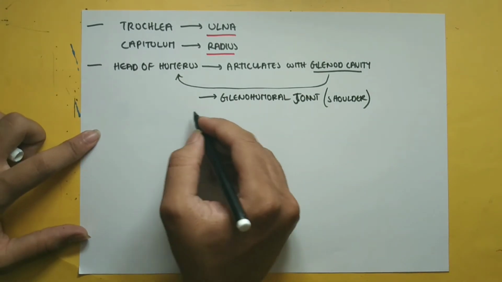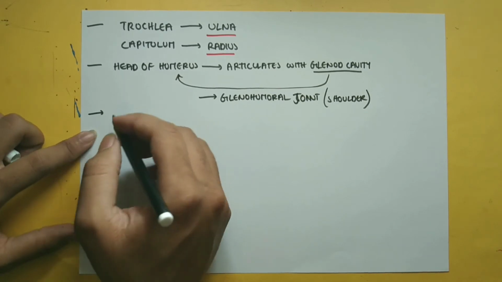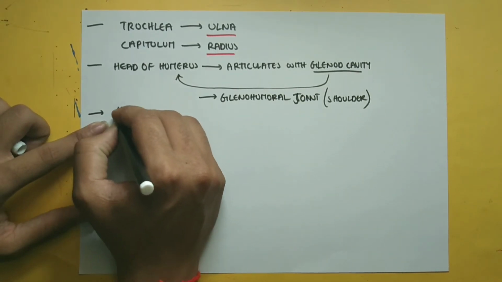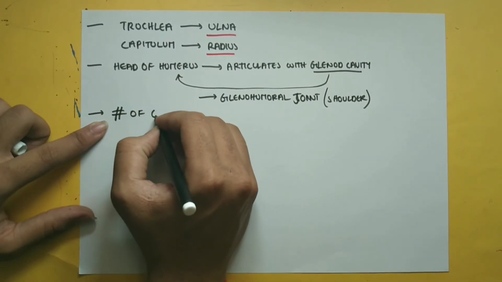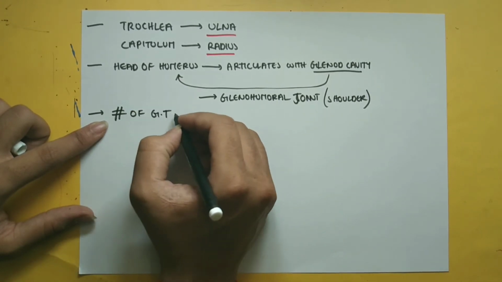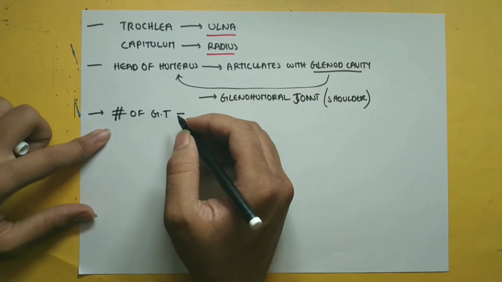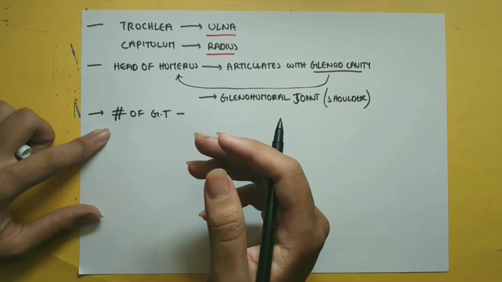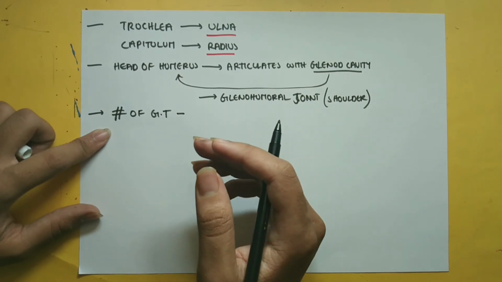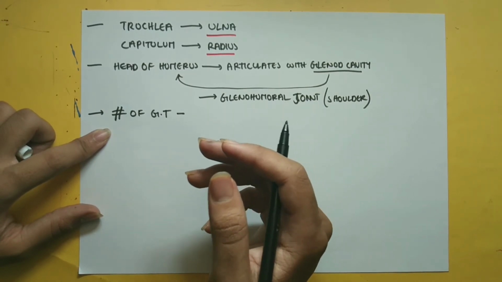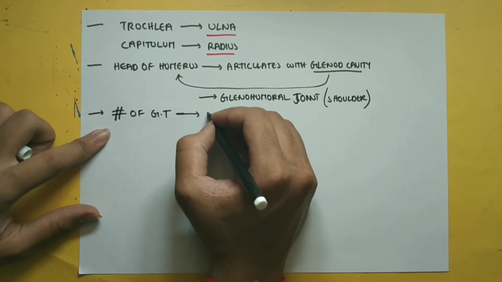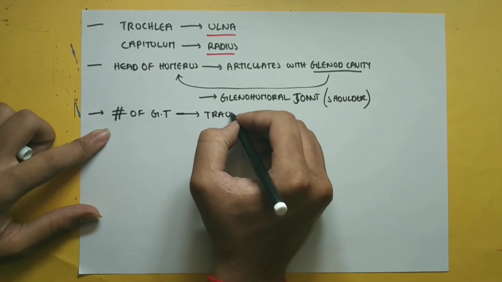So now, what if the fracture of the greater tubercle? Fracture of greater tubercle, I just simply write GT. Generally, the fractures of the greater tubercle occur by trauma or by hypercontraction of muscles.